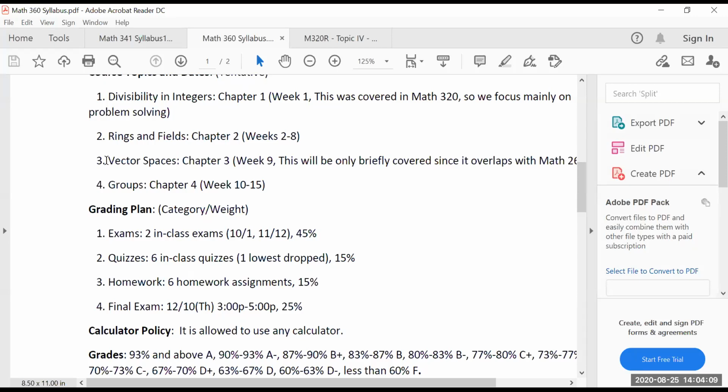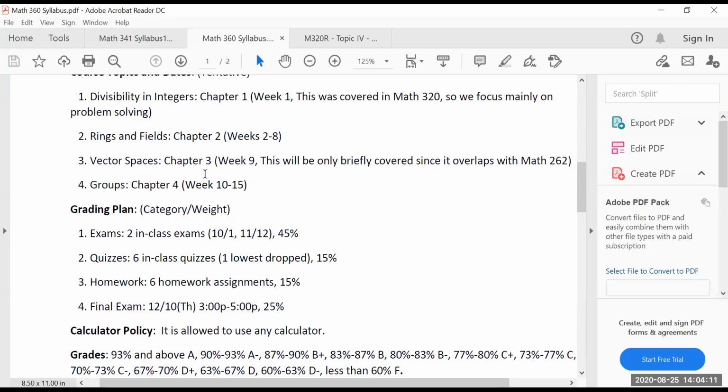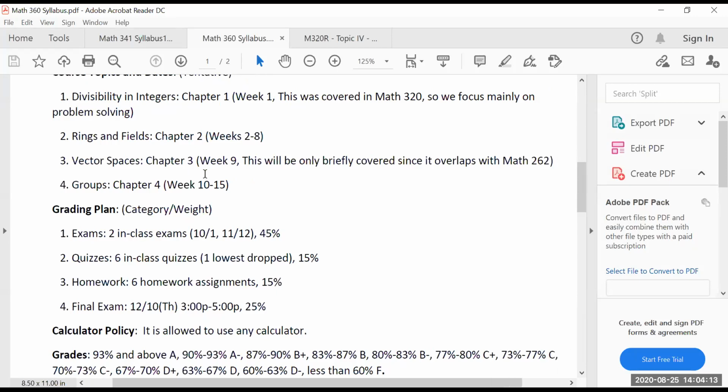Third topic is vector space. Vector spaces are covered in linear algebra, and we're going to relate the linear algebra material with the abstract algebra material. They are very much related.